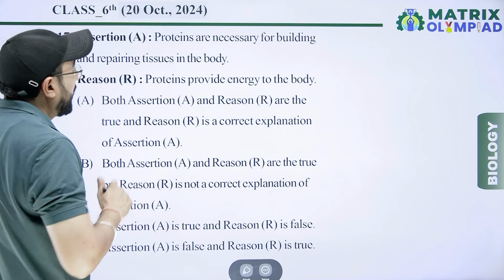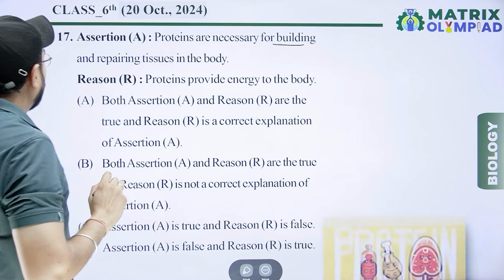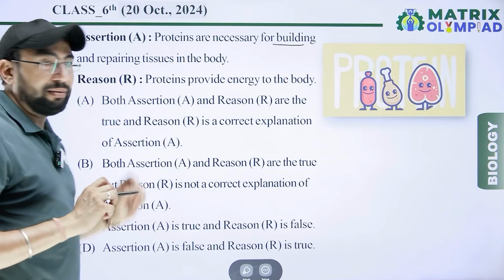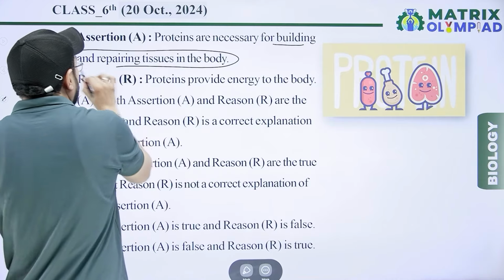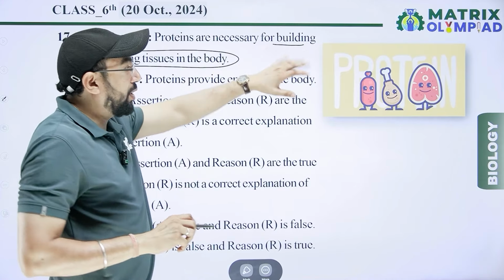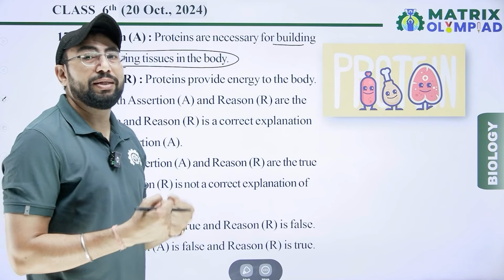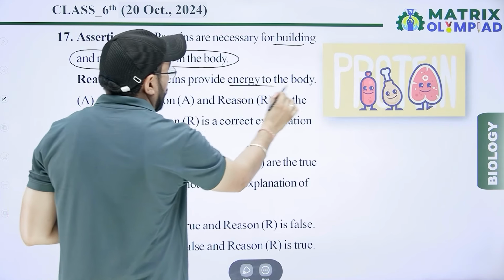Next, assertion A: proteins are necessary for building and repairing tissue in the body. Very good, right, because protein is essential for building up our muscles. Next, reason: protein provides energy to the body?